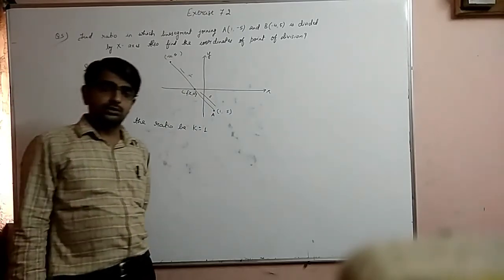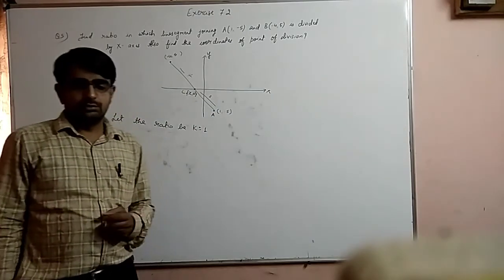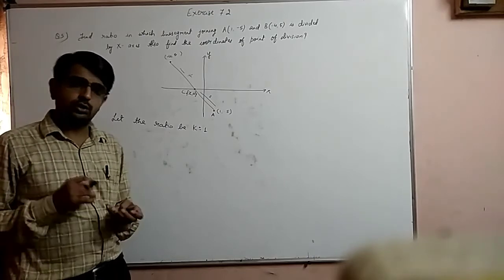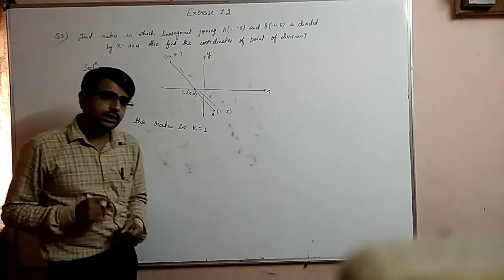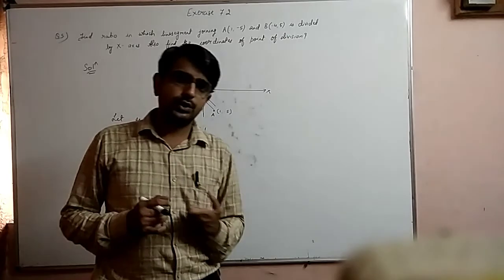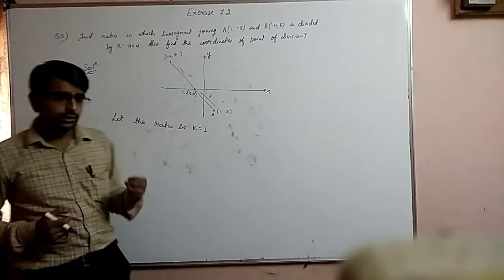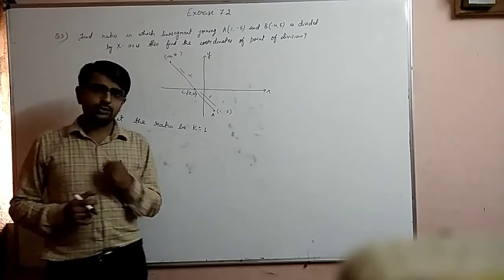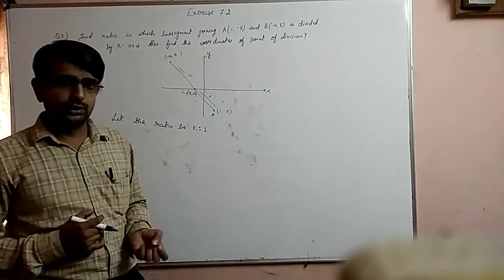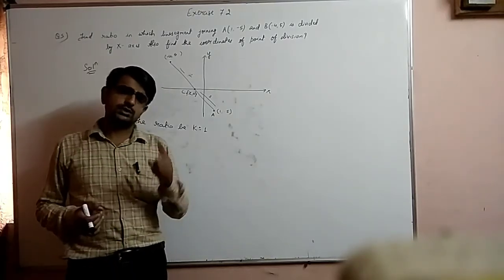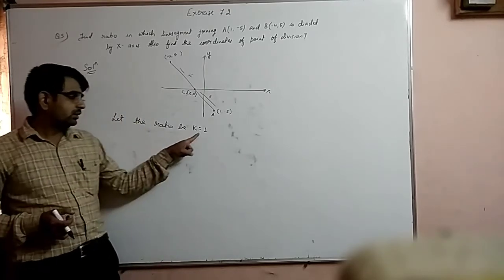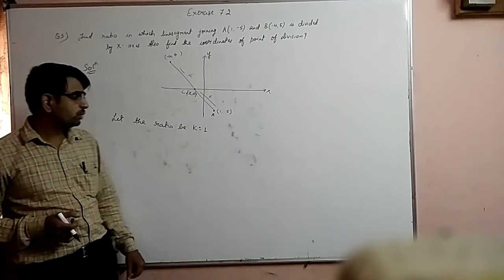Okay. Why 1? Why not m is to n? Because when we consider m is to n, we will get two variables and the equation is only one, so it will be difficult for us to solve. So what we do is we just assume one variable. Let the ratio be k is to 1.